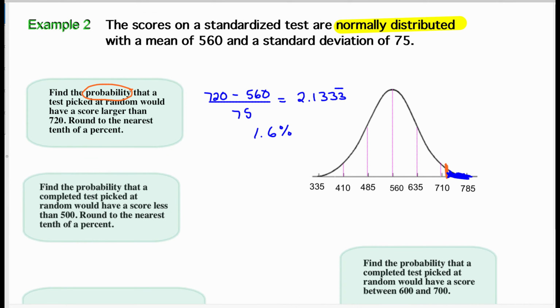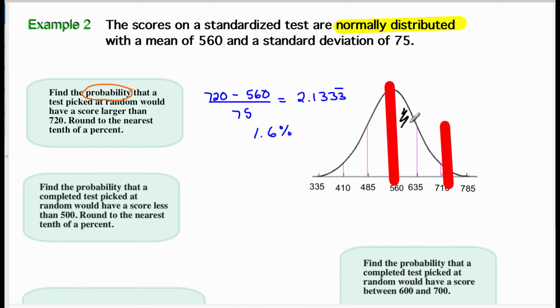So this is what I'm doing. Let me erase this and show you. The z-score gave me the area from here to there, because that's about where my score was.